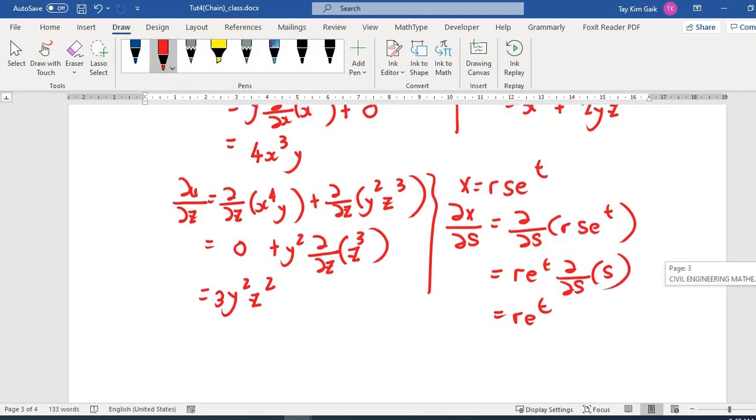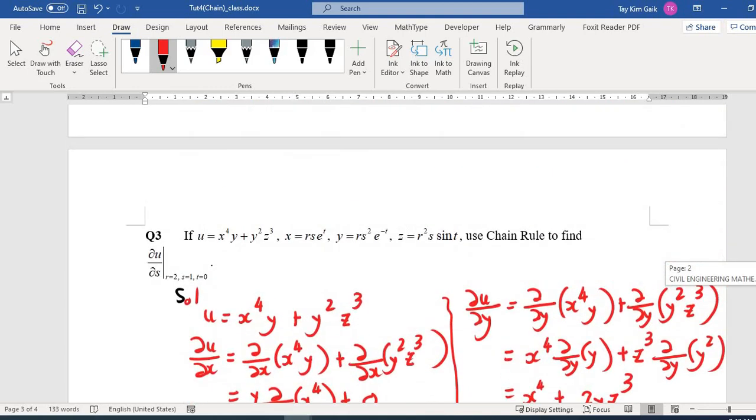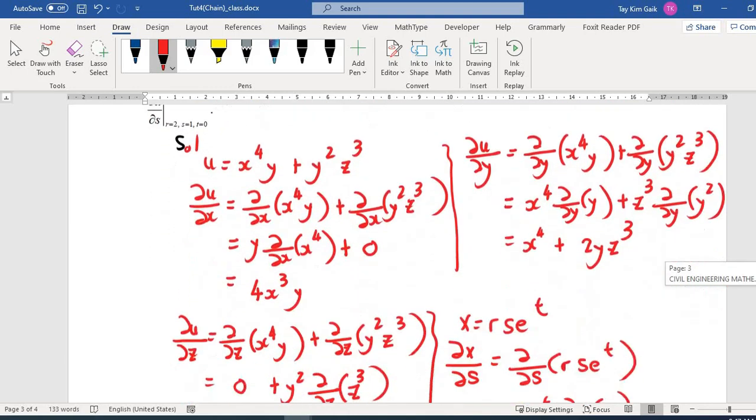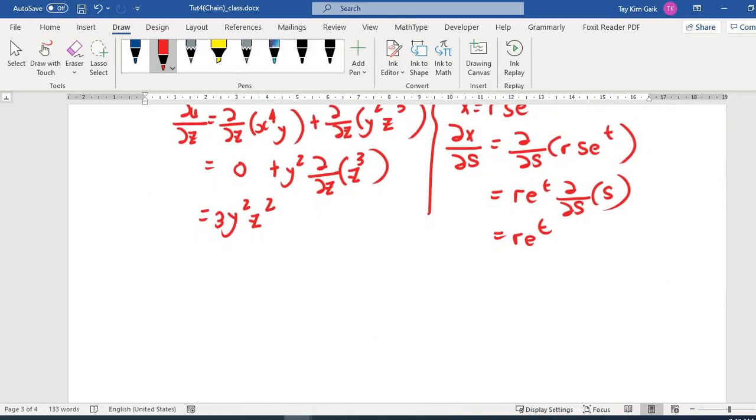So this is for x, and then y is r s^2 to the power negative t. So you find ∂y/∂s, where r and t are constant. So you take ∂/∂s of r s^2 to the power negative t.